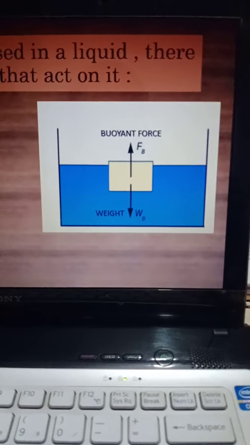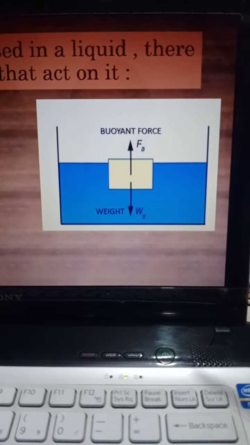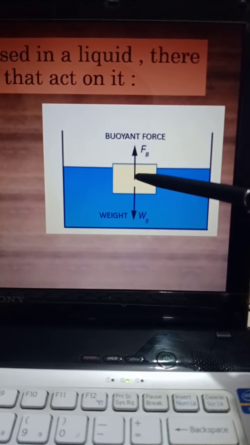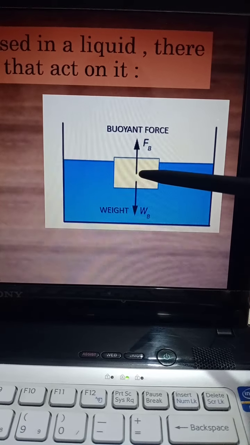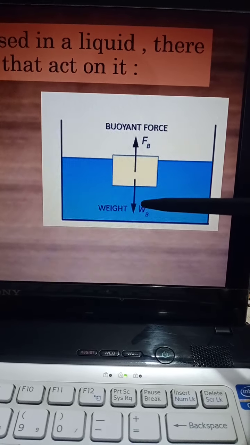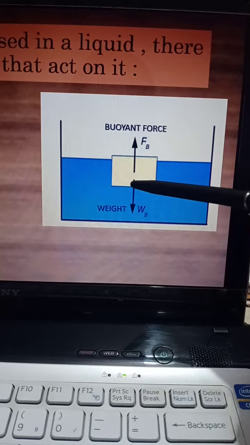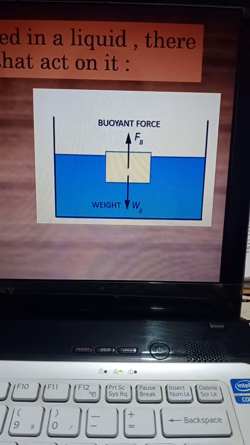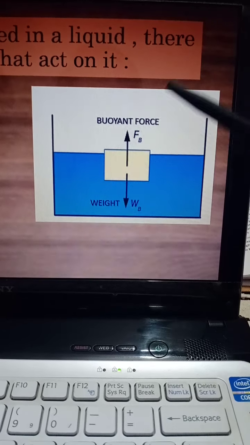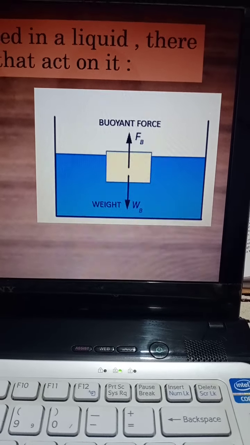Let's see the diagram more clearly. The upward force is given by the liquid in the upward direction, and the downward force is the weight of this object. So these are the two forces that act on the body when it is immersed in any kind of liquid.